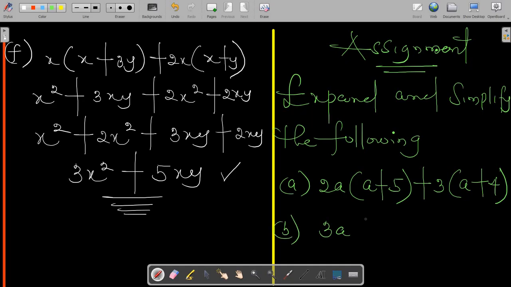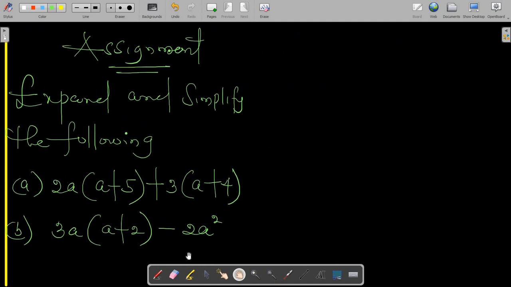The B part: 3a into bracket a plus 2, then the second one is minus 2a squared. Let's move on to the third one.